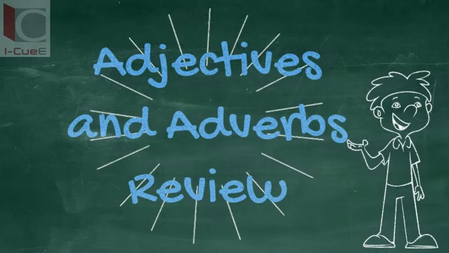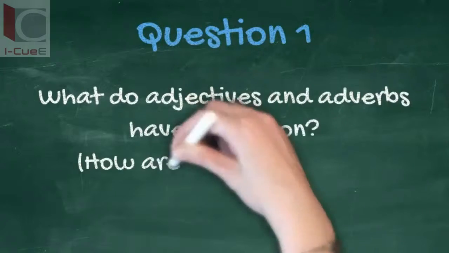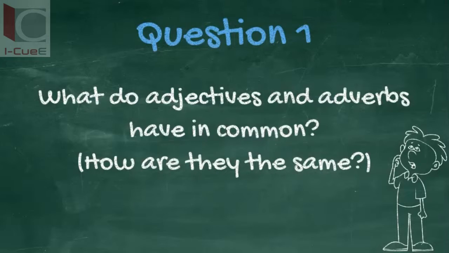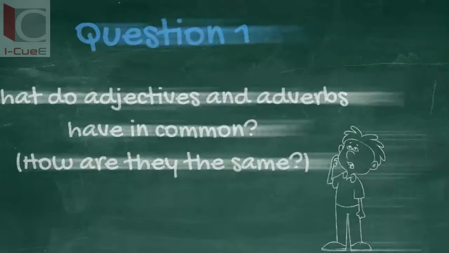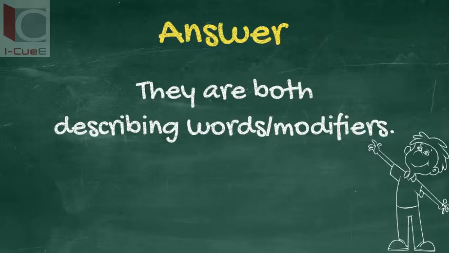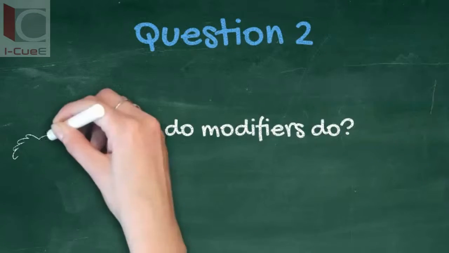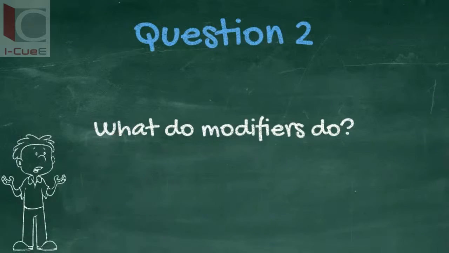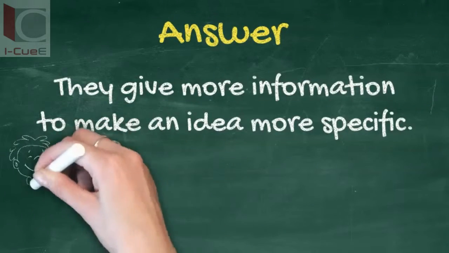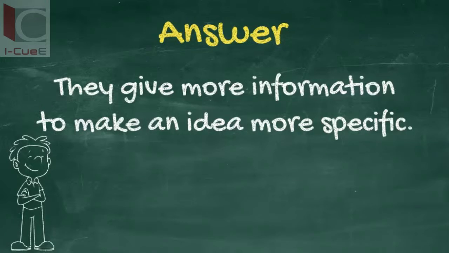Adjectives and Adverbs Review. What do adjectives and adverbs have in common? How are they the same? They are both describing words, modifiers. What do modifiers do? They give more information to make an idea more specific.